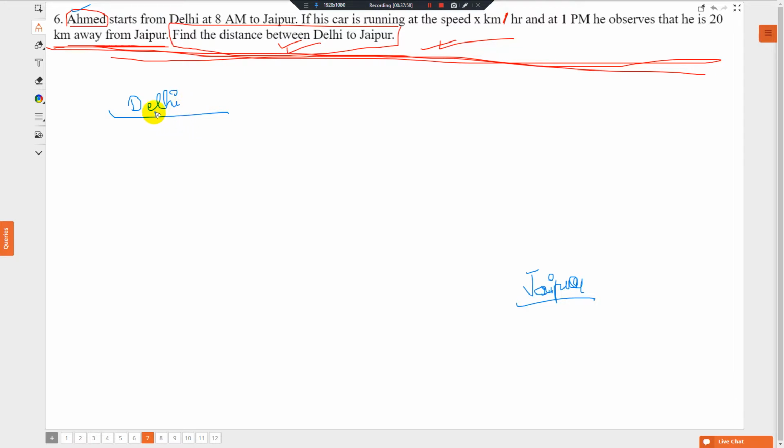He is traveling from Delhi to Jaipur. Think that he is at Delhi now, and he wants to travel.